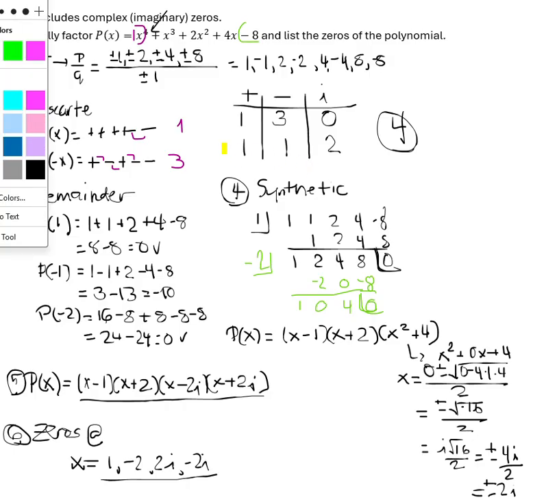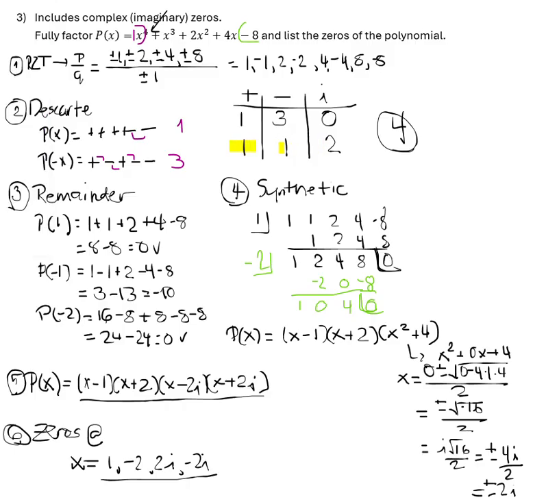We ended up with 1 positive, 1 negative, and 2 imaginary. Degree 4 with 4 factors. We have found all the zeros, yay us, and we have been able to write out the fully factored form.